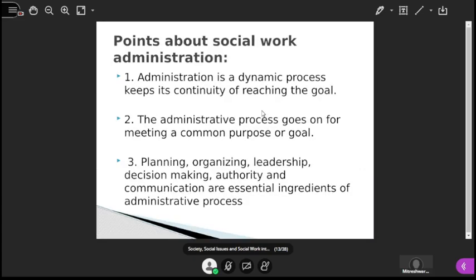So, points about social work administration. Administration is a dynamic process, keeps its continuity of reaching the goal. Secondly, the administrative process goes on for meeting a common purpose or goal: planning, organizing, leadership, decision-making, authority, and communication are essential ingredients of the administration process.